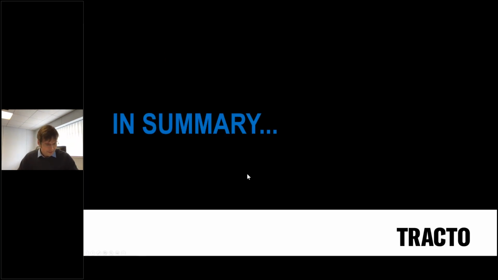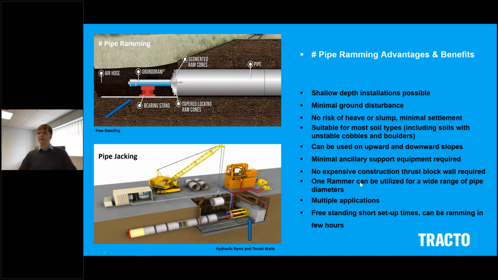So that is ramming. I hope you agree that it's a very simple but versatile process. And I would just like to take a couple of minutes to summarize the main advantages of ramming. Ramming is possible at very shallow depth.